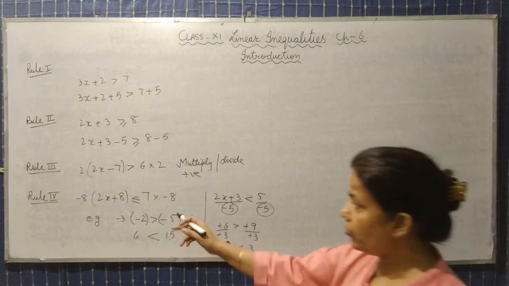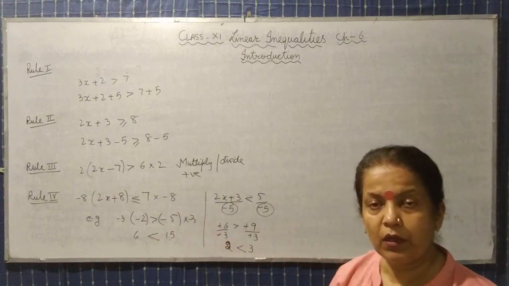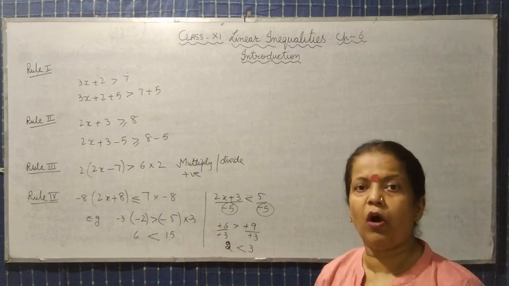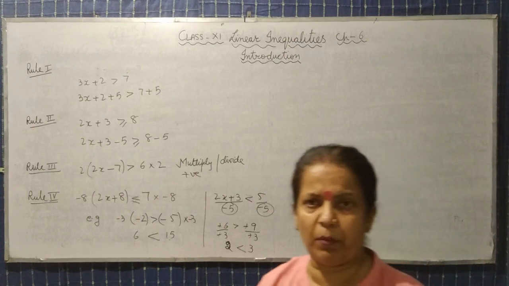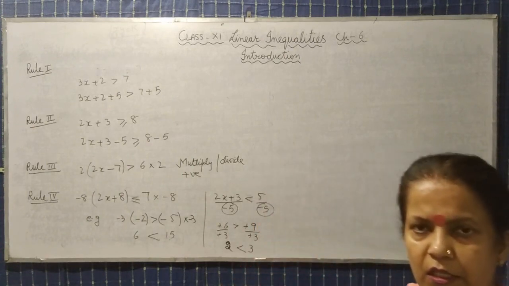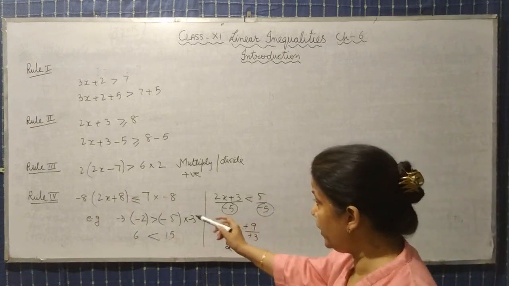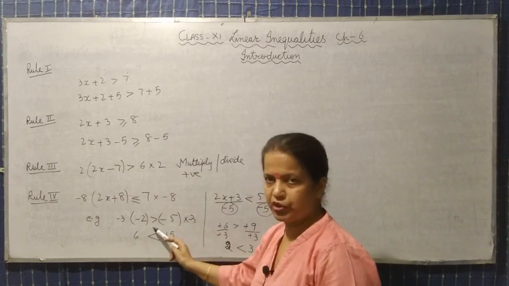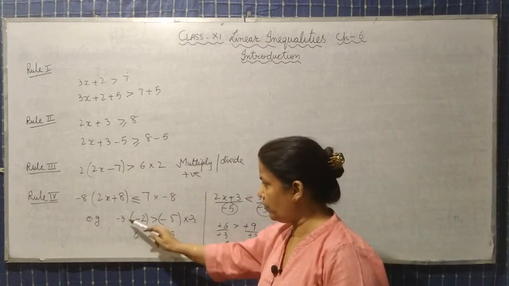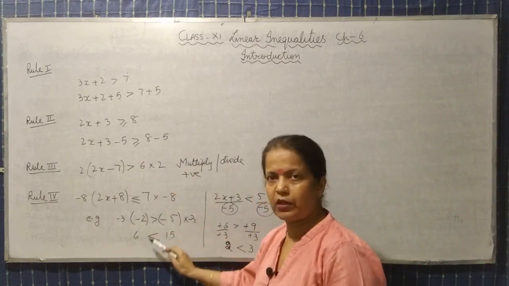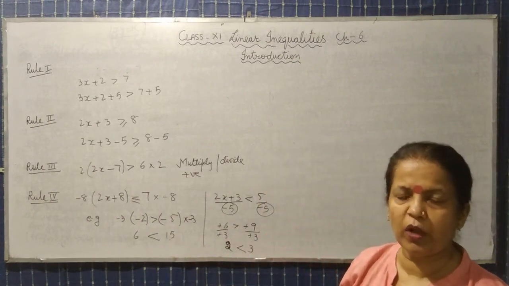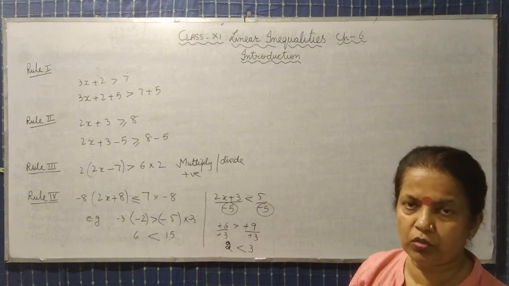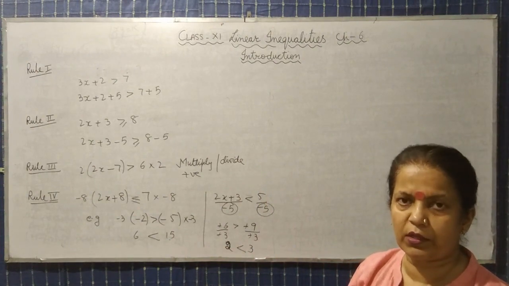But according to the last rule, if we divide or multiply with a negative number on both sides, then the sign of it will change. Clear? Here we multiplied, so the signs of greater and less will interchange their position. That you have to remember to solve linear inequalities.